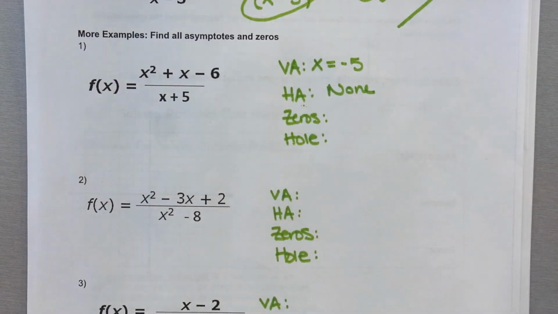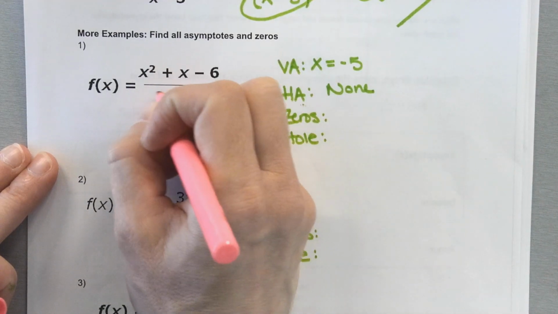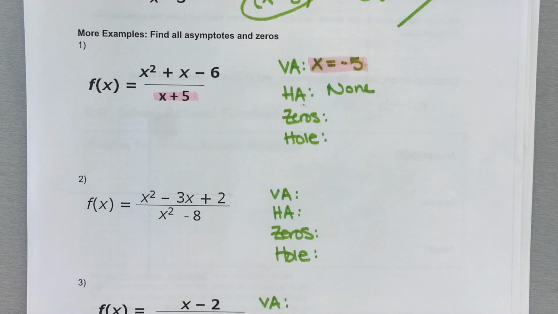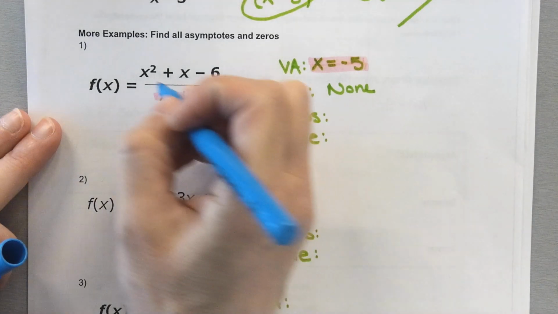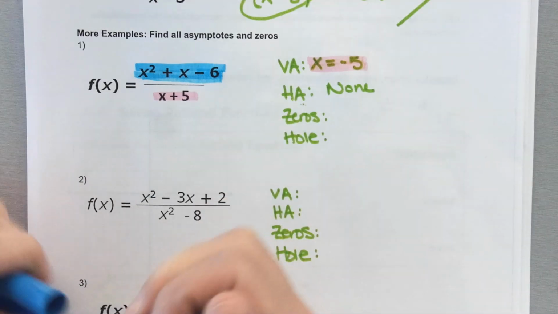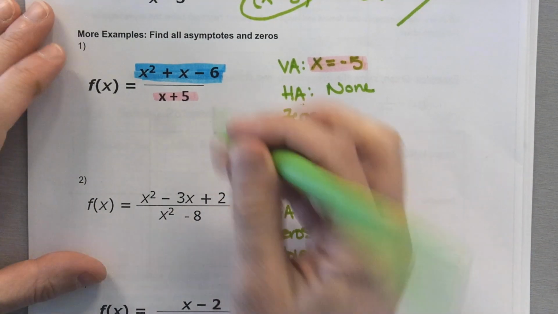Zeros come from the numerator. And actually, I might highlight a little bit. I took my highlighters away first hour. So this matches up with this, right? And then let's go to zeros next. Steal my highlighter from over there. Zeros come from the numerator. Can I tell easily what the zeros are?